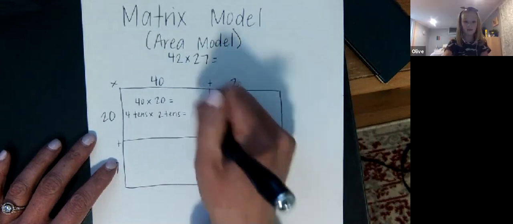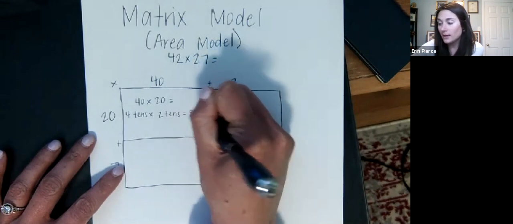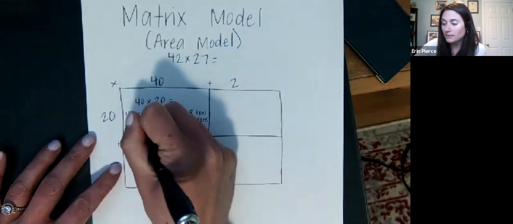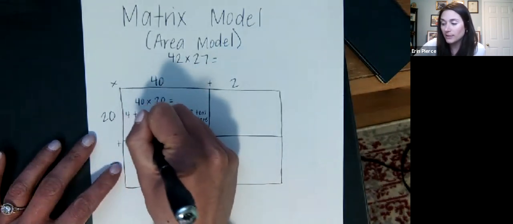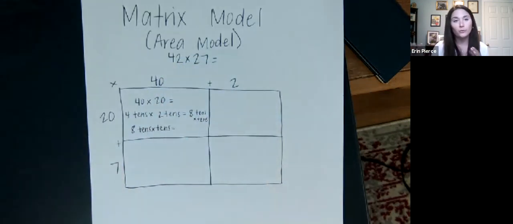8. So I'm going to have 8 tens times tens. What is tens times tens? 10 times 10. What place value am I in now? Olive?